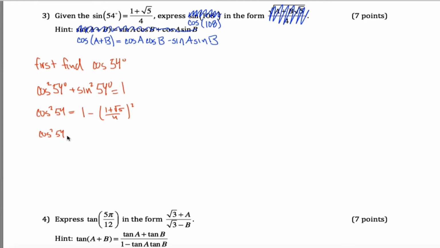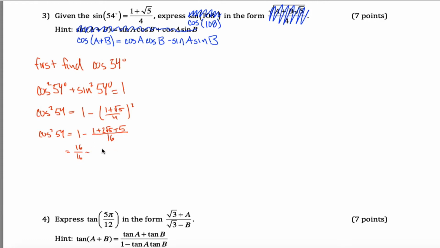So cosine squared of 54 degrees is 1 minus, if you FOIL this mess out, you'll get 1 plus 2 root 5 plus 5 all over 4. No, not over 4, over 16. So let's see, this one you could think of as 16/16.